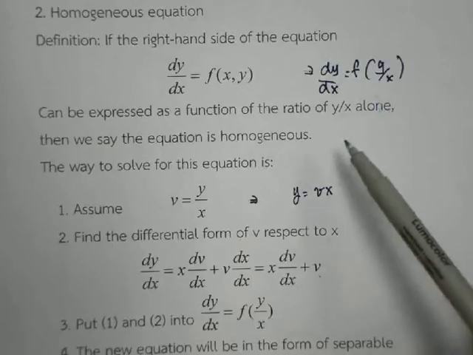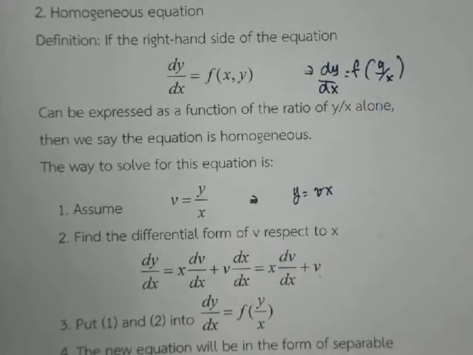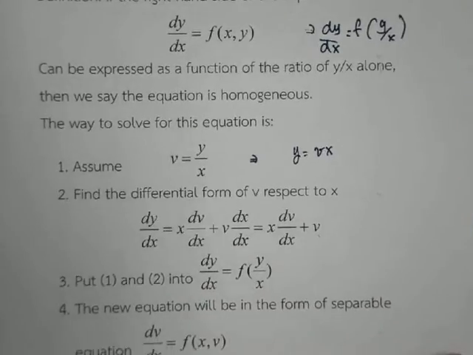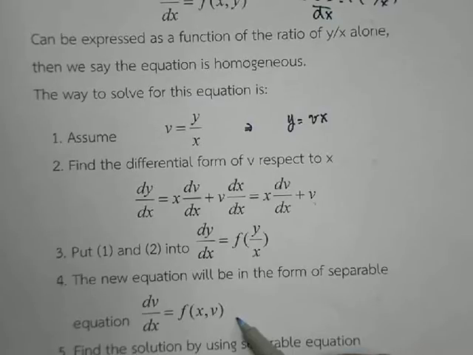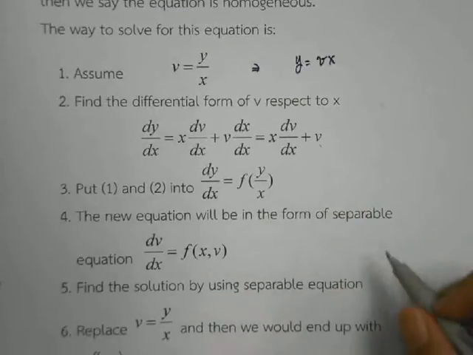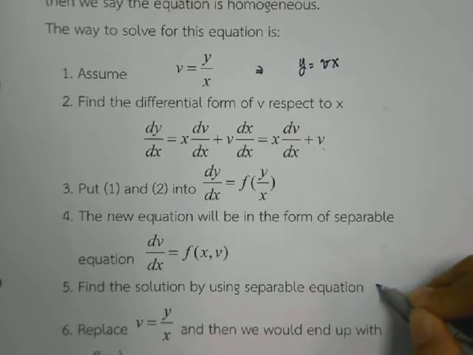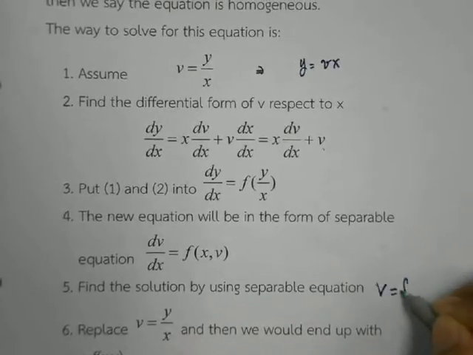By doing this way, we would end up with a separable equation. And then we solve this equation by using the separable equation technique. Then we would end up with v as a function of x.